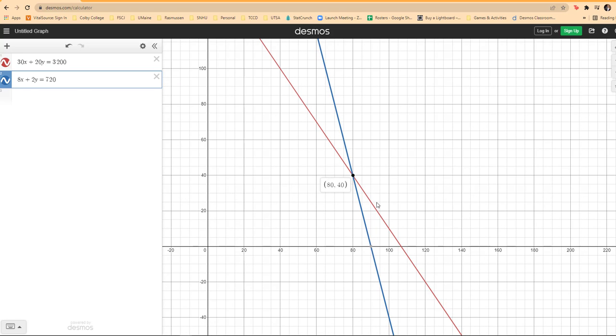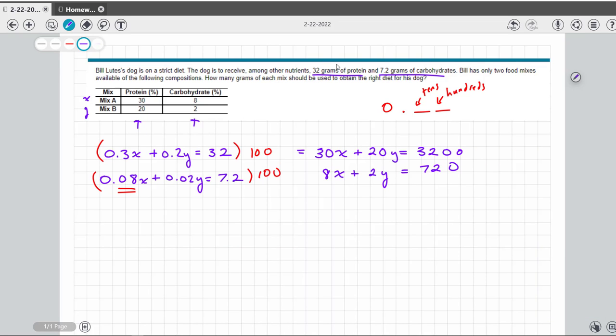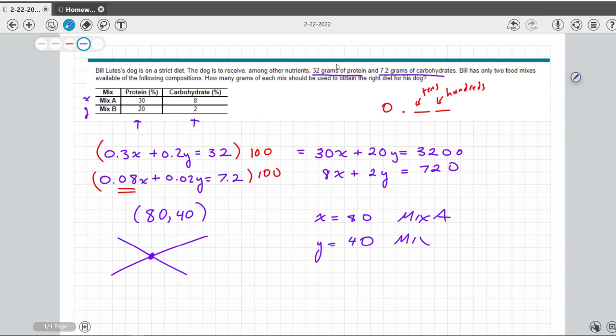And looky there. This is kind of cool, so I don't have to go through all those steps and solve. You can see that at the point (80, 40) is where these two met, and thus this says that I need 80 in mix A, and 40 in mix B, then I have my answer.